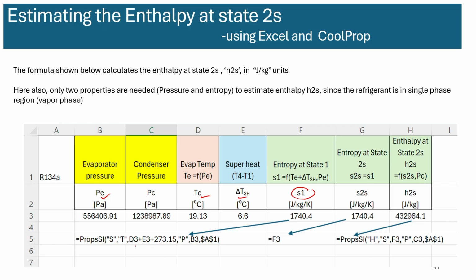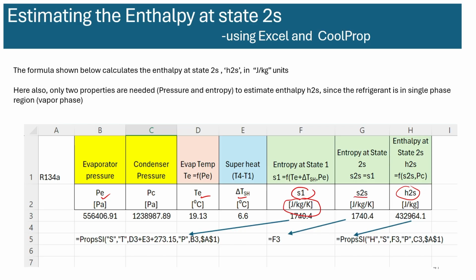This is the formula. We convert the temperature into Kelvin, and the pressure is the evaporator pressure for refrigerant R134a. You get the S1 value, which will be in joules per kilogram per Kelvin. And the enthalpy at 2s, which is H2s, is calculated using S2s.